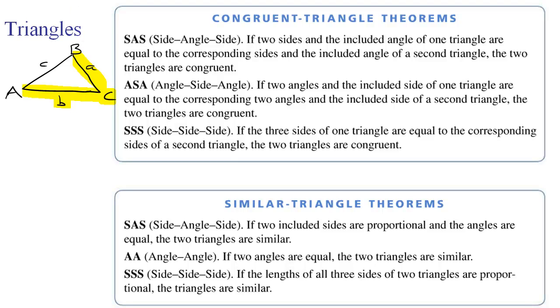Or we could have done side, angle, side, right? It just means you have to go in order. This side, this angle, this side. It's the angle in between the two. If we had B and C and then angle B, that's not side, angle, side. That's just two sides and some other angle.